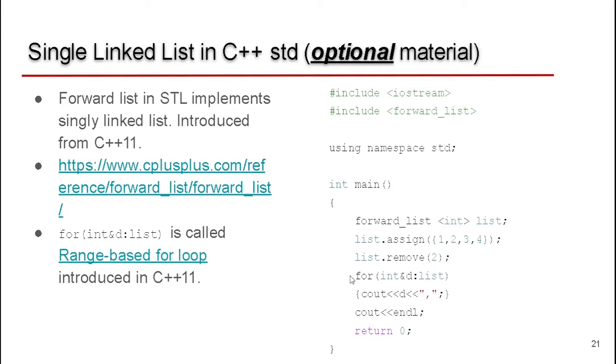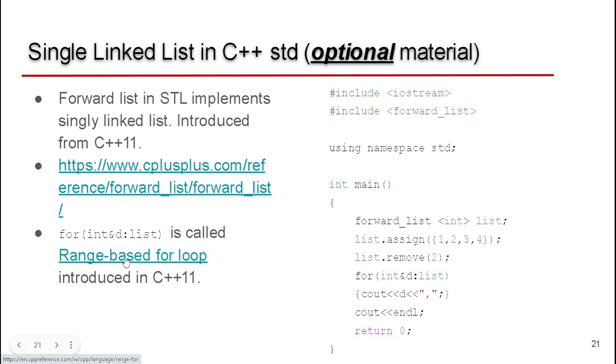But in C++, we have more types of for. This is called the range-based for loop. Again, it is not requested from you, but it's nice to know. When you need to iterate over a list, you can specify here the value you want to return during iteration, and this is the range.